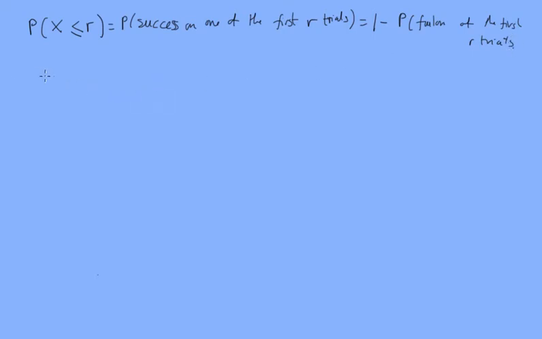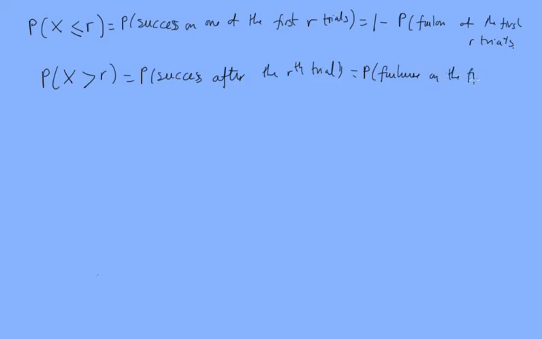I'll write this out more neatly in a minute. Then if X is greater than r, that's the probability of success after the rth trial, so the probability of a failure on the first r trials.